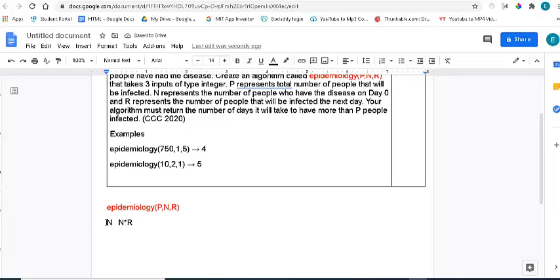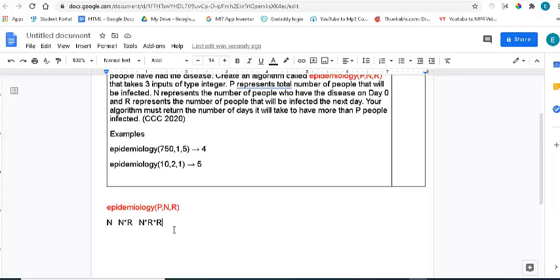These n people can't infect anymore because it's past the first day. But the new ones can each infect r more people. So it's going to be n times r times r.